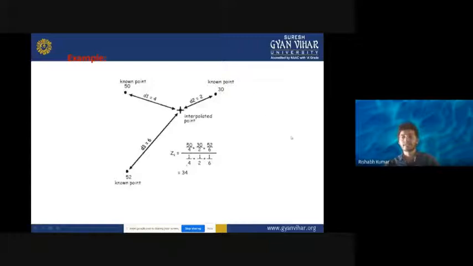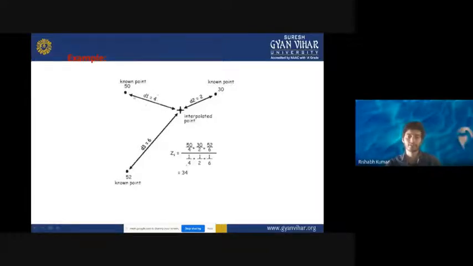So as your distance increases, your weightage will decrease. Here you can see 50 is the measured value at this known point, and its weightage is given how much? 1 by 4, the inverse of distance. Weightage is given equal to the inverse of distance.